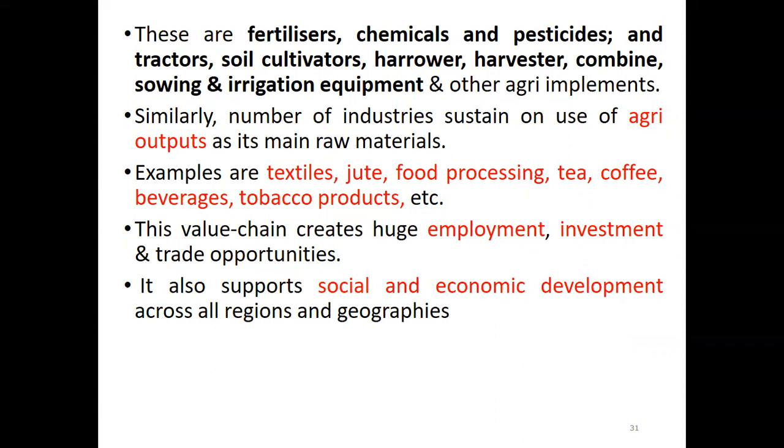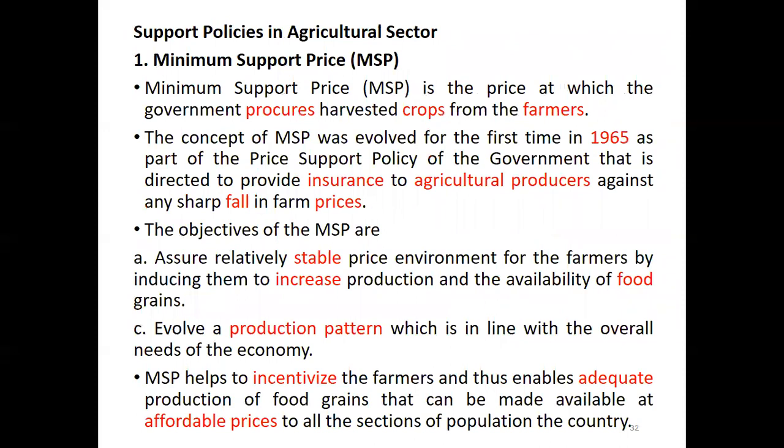Agricultural activity also supports social and economic development across all regions and geographies. So to remove economic imbalances, we need to take initiative for the agricultural sector. So this was something about the current scenario.